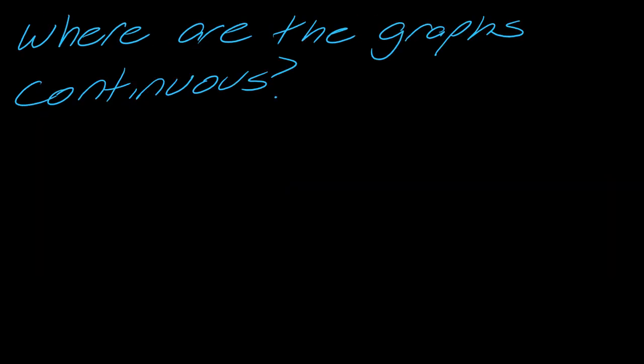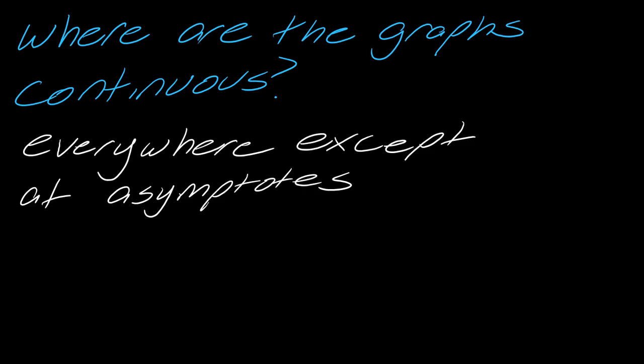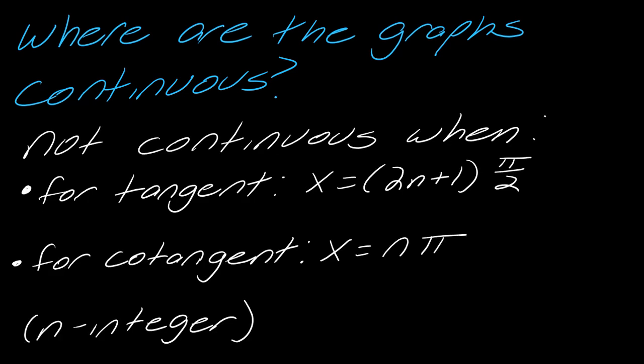Now, as far as where the graphs are continuous, I did just want to mention this. If I want to be lazy, I can say they're continuous everywhere except at the asymptotes. If I want to be a little more specific, which I probably should, the graphs are not continuous when you have the asymptotes. So for tangent, they would not be continuous at any value of x equal to 2n plus 1 times pi over 2.